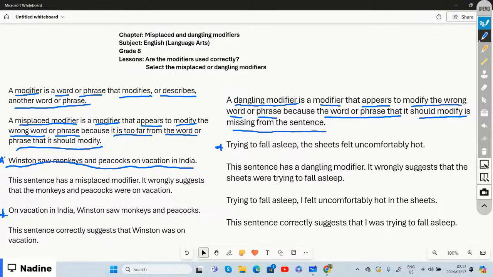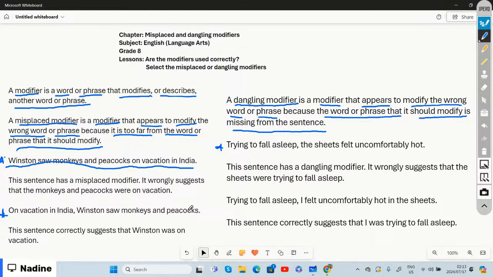The reason why it is a dangling modifier is because it wrongly suggests that the sheets were trying to fall asleep. It doesn't even sound as if somebody is trying to fall asleep. It actually sounds as if the sheets are trying to fall asleep and are uncomfortably hot. So that is a dangling modifier.